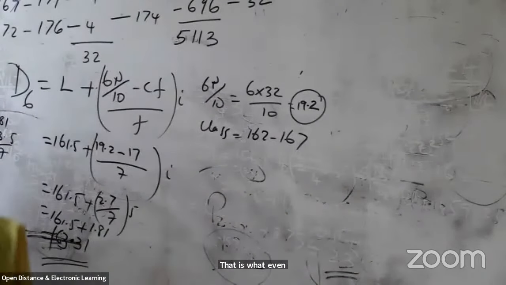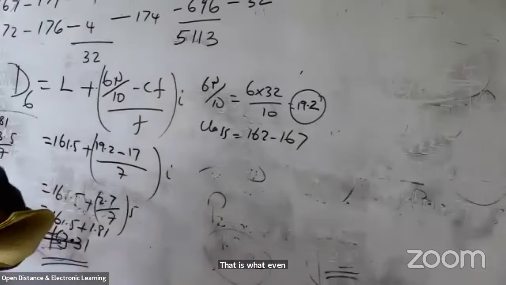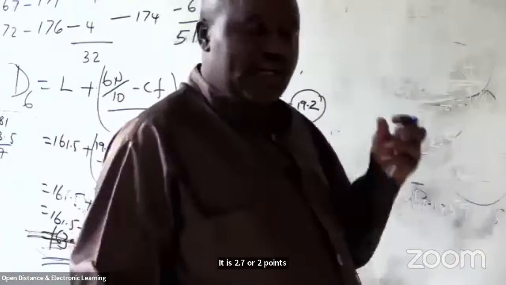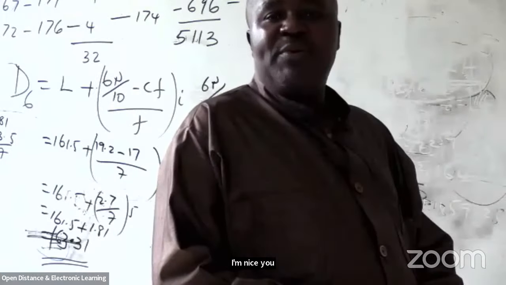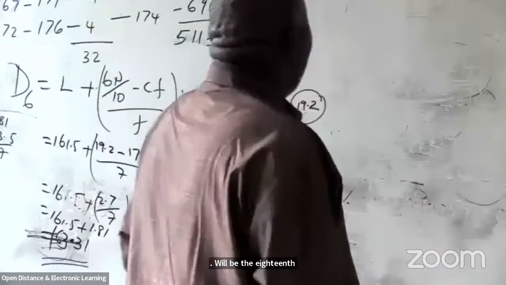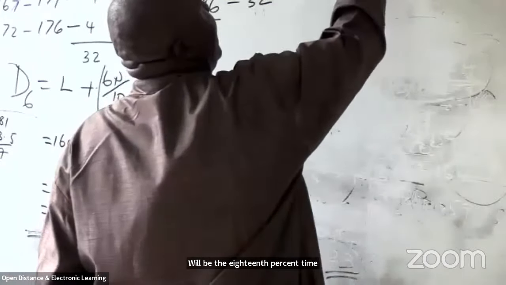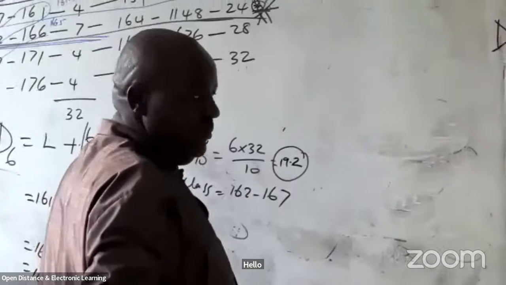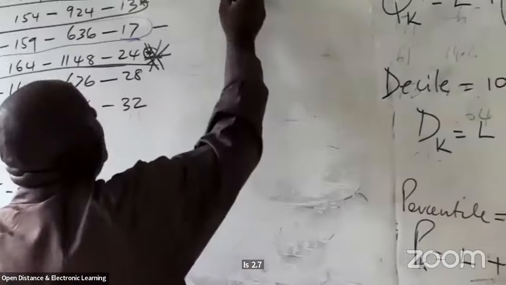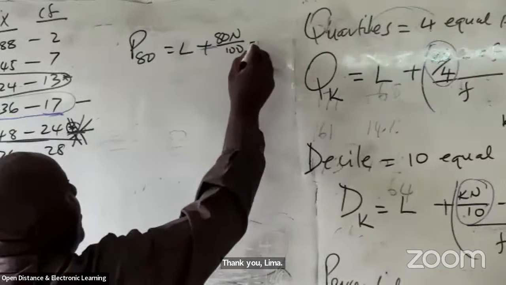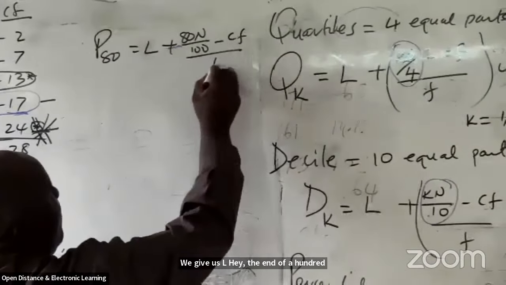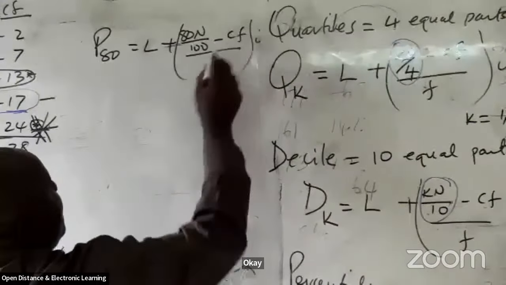The same formula, the same approach can be used now to get the percentile. We may want to find out maybe the 80th percentile. When we talk of P80, we substitute here and it will give us L plus 8n over 100, all over f, times i.